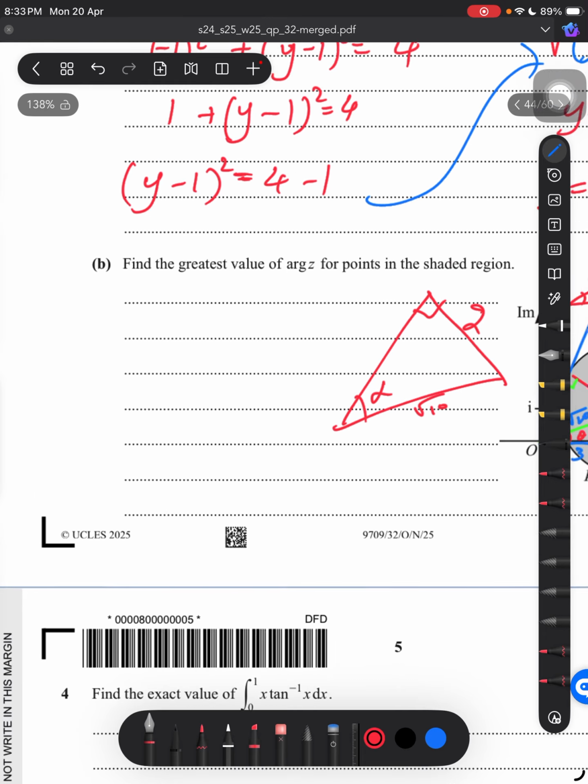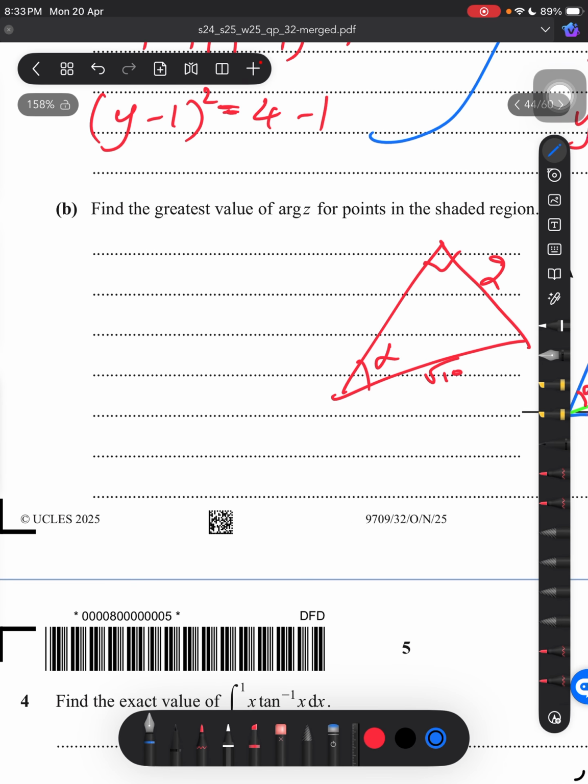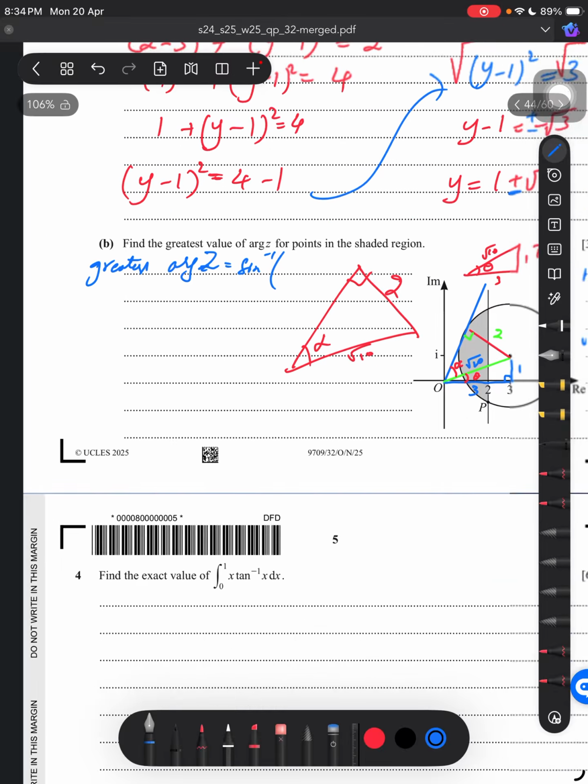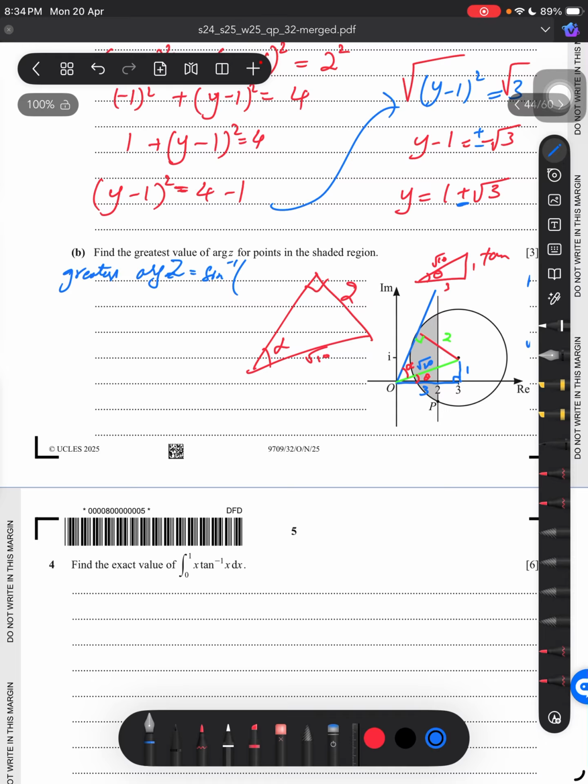We would just add up both values. The greatest argument of z would be equal to sine inverse of 2 over root 10 plus tan inverse of 1 over 3.